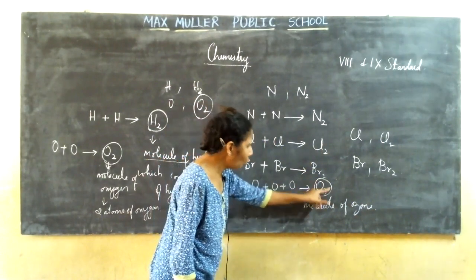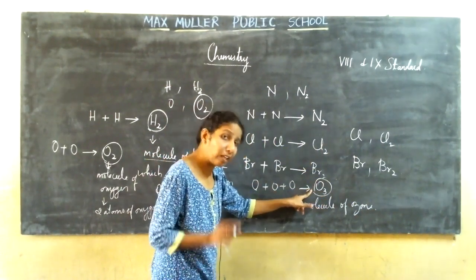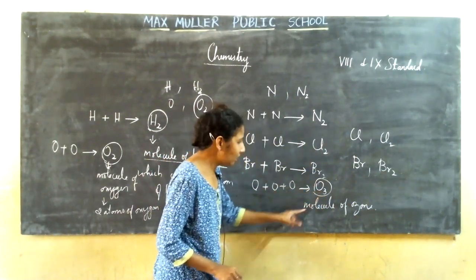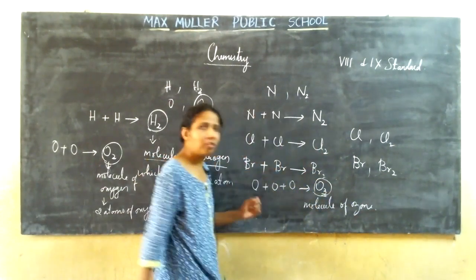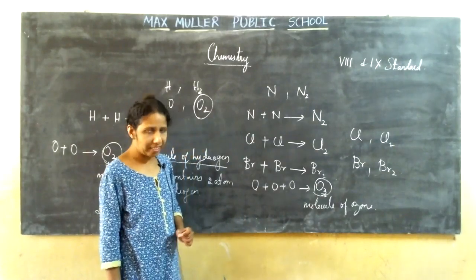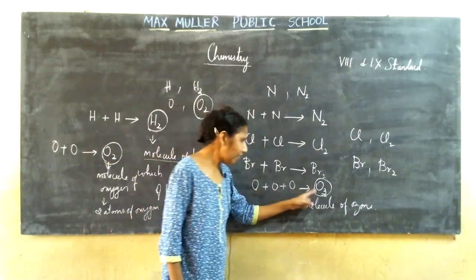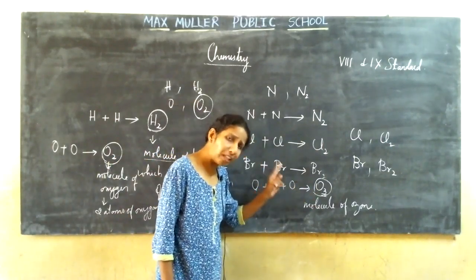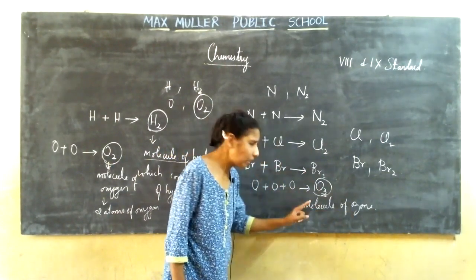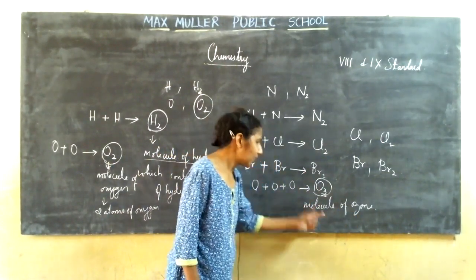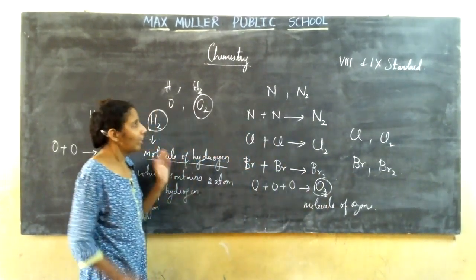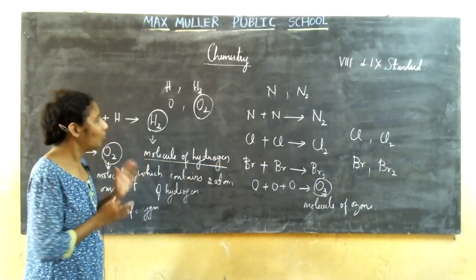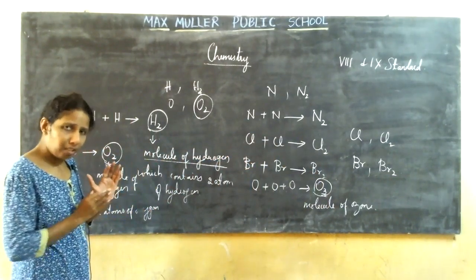When I write O3, it represents a molecule of ozone which contains how many atoms of oxygen? It contains 3 atoms of oxygen. Are you people understanding this? When I write O3, it represents a molecule of ozone, not oxygen, a molecule of ozone which contains 3 atoms of oxygen. So now I hope you people are coming to know the difference between an atom and a molecule.